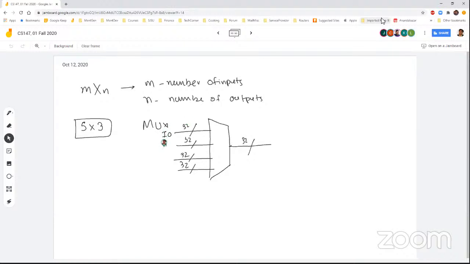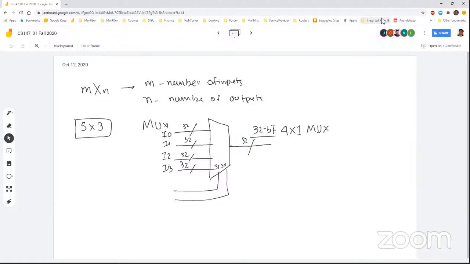I0, I1, I2, I3, and there will be selection bits S0, S1. So it will still be a 4x1 mux. It may be 32-bit, which means the input options for me to select between would each be 32-bit, and the output is also 32-bit.